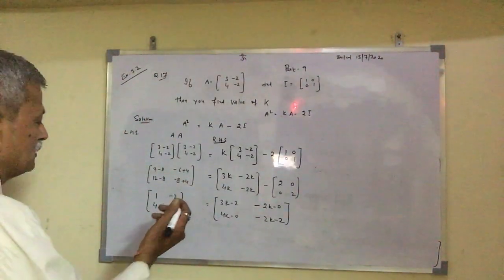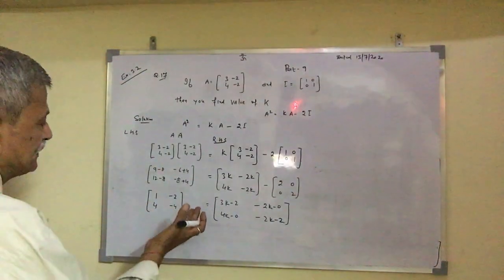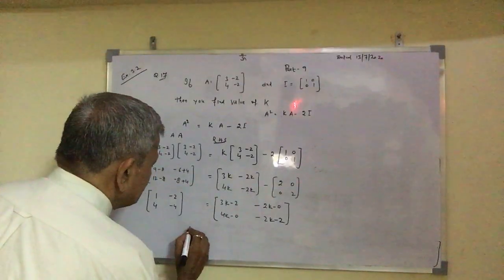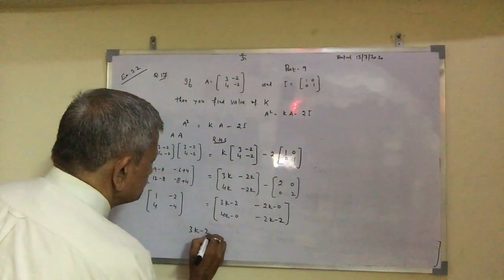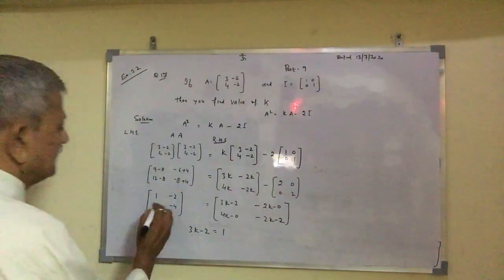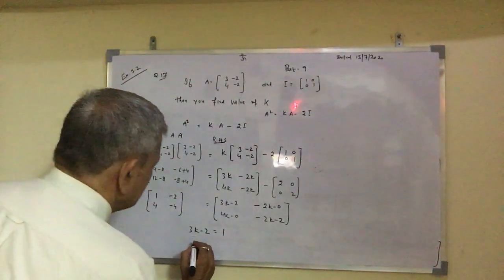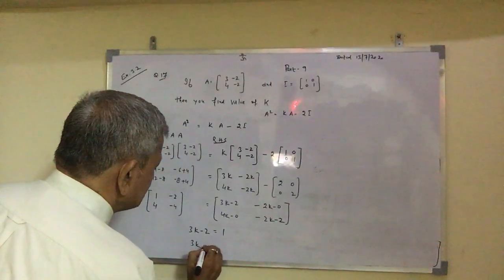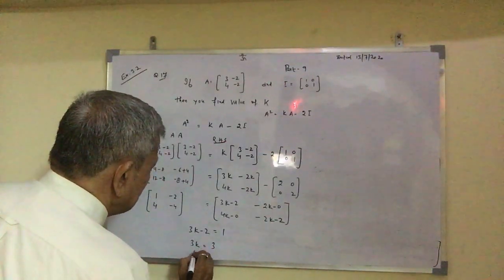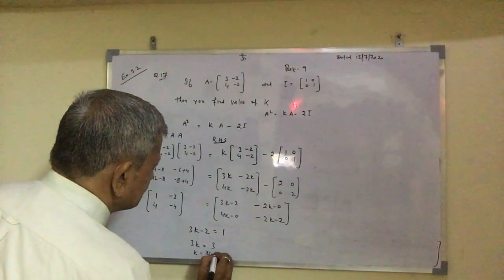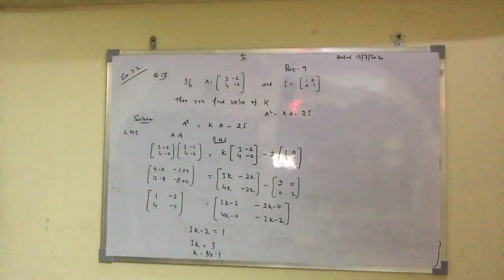So to find the value, you can choose any one of the equations from this. So 3k minus 2 is equal to 1. I will choose this one, 3k minus 2 is equal to 1. So 3k is equal to 3 and k is equal to 3 upon 3, which is equal to 1. So k is equal to 1.